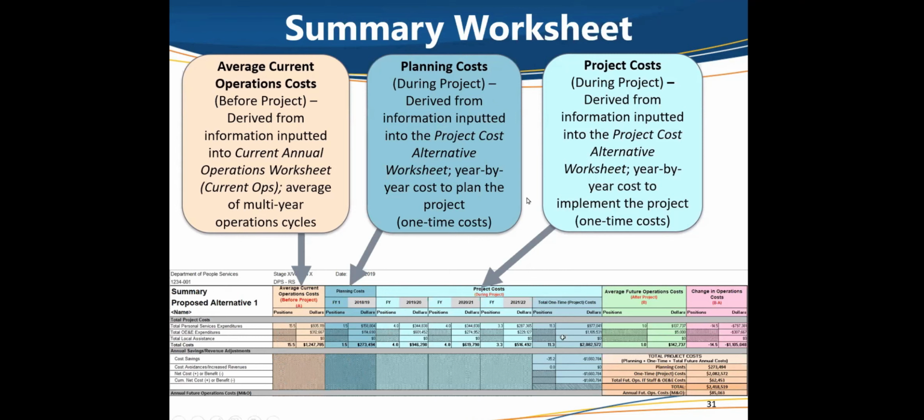The project costs are what the costs are fiscal year by fiscal year until the project is implemented. The average future operation costs is what it costs to implement the entire solution, and then also have one full year of costs on an ongoing basis.